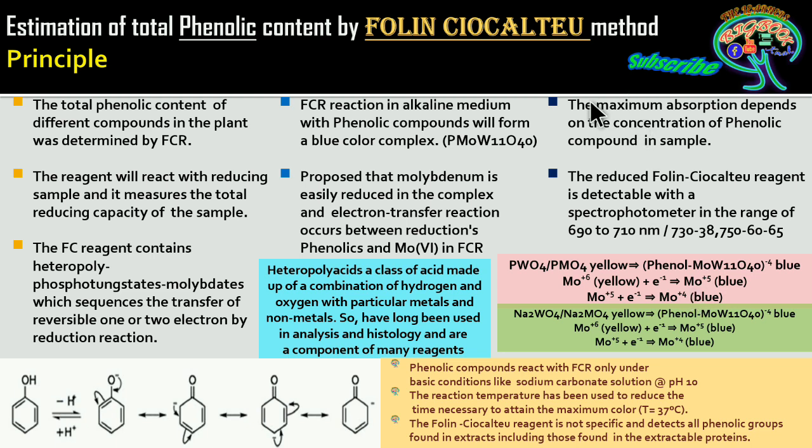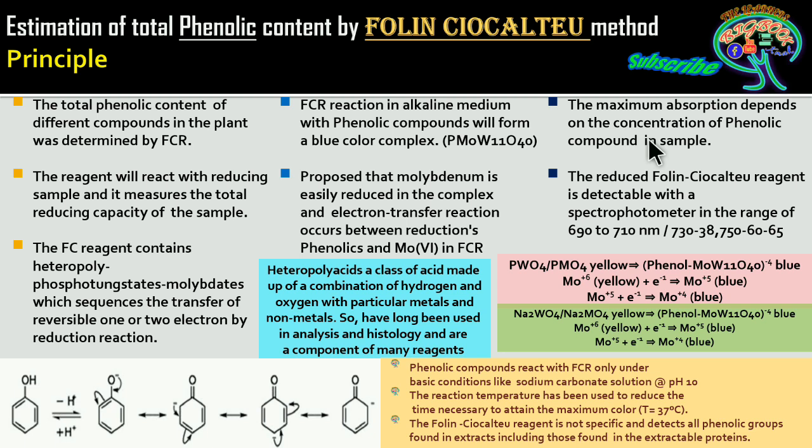So further is the point, the maximum absorption depends on the concentration of the phenolic compound in the sample. Now here, when we subject the phenolic compound to the FCR, it has to react. Whatever the amount of the FCR we are using, that will be high compared to whatever the phenolic compound is present within the sample which we have taken.